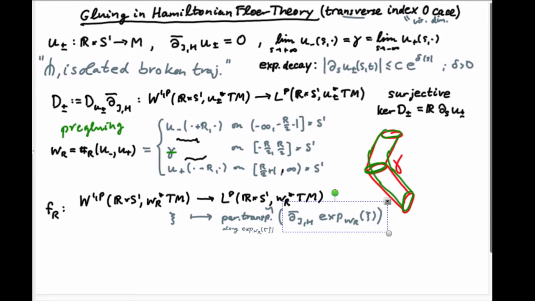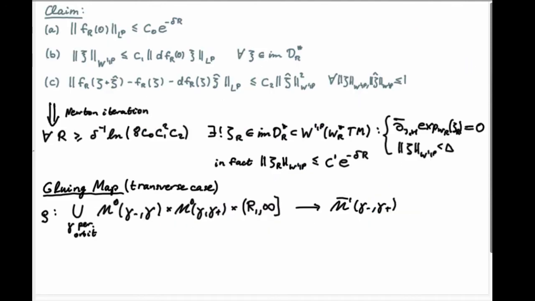So, good. All right. So then here's the bold claim that I used last time to argue that we do have unique solutions. A says that the d bar for large R is actually very small. So this essentially says that we almost have a solution. B is an estimate in terms of the linearized operator at 0.